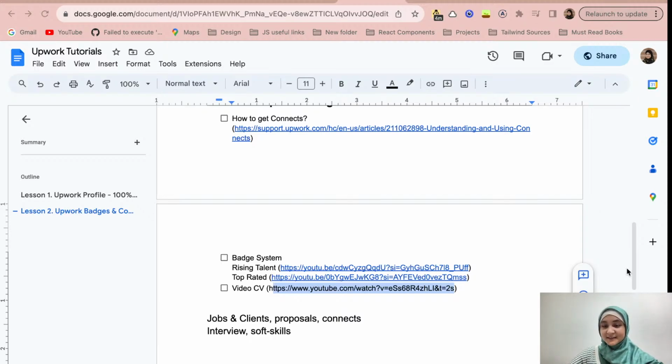Even if you want to pass a skill certification, you need a job success score, because they will first look at your profile and your job success, and then decide whether you are a good candidate. So it's pretty important for Upwork. But even without it, you can find good jobs and good clients. If you are a good developer and know your field well, you will get a job success score automatically. It makes sense: if you are good, you will get good ratings and good job success.